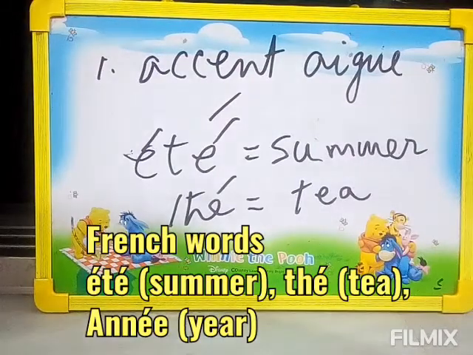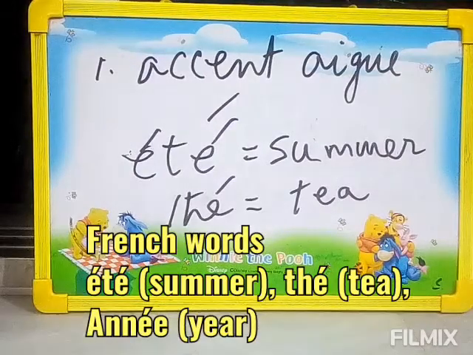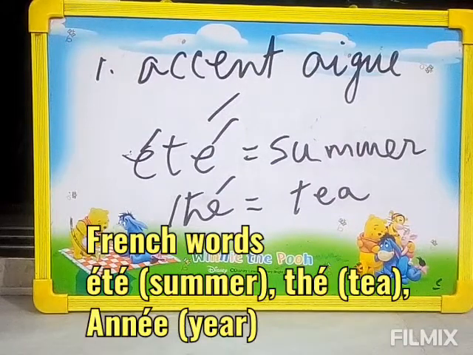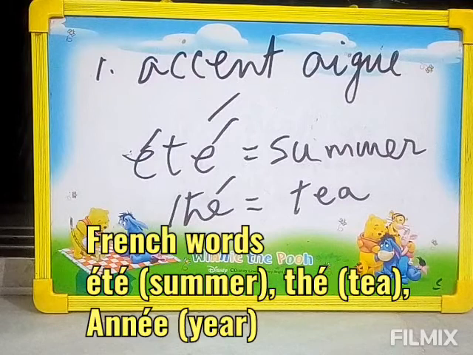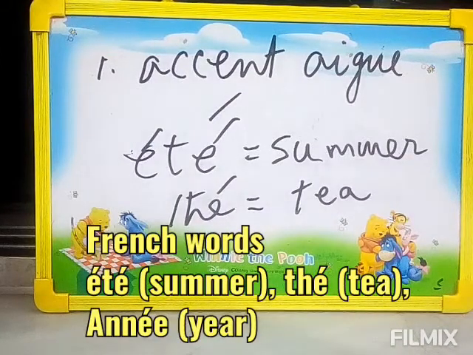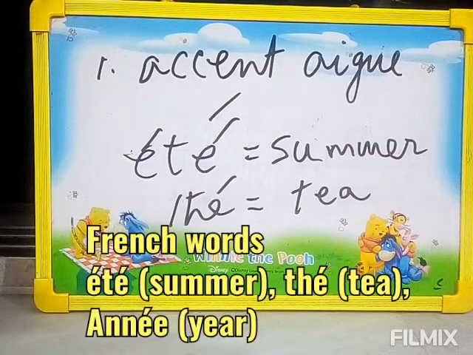This accent, accent aigu, is a right hand side aligned accent used on E, and whenever it is used on E, the pronunciation of E becomes A. In the first module I have already discussed that E without accents is pronounced like O in French.